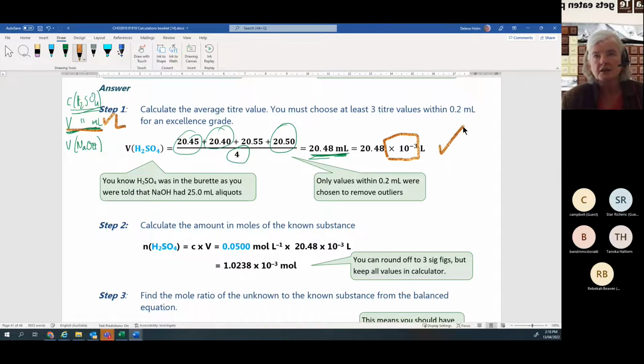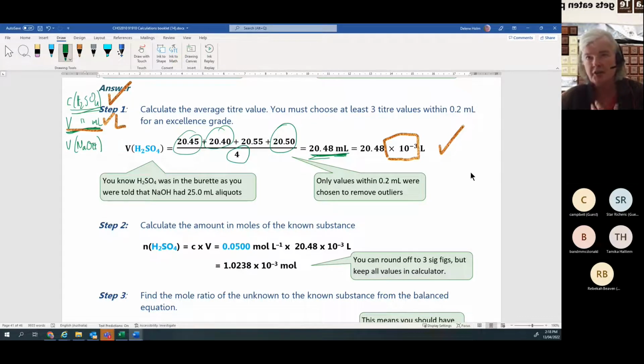Right, so we now have the volume of sulfuric acid. It's this over here. I also have a concentration for sulfuric acid. So if I know V and C, what formula can I use to work out something else? I'm being particularly vague there because sometimes people say, I don't know what to do next.